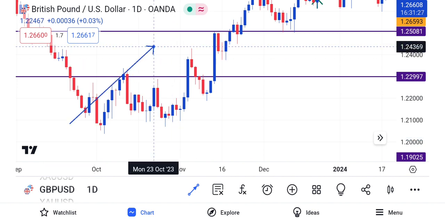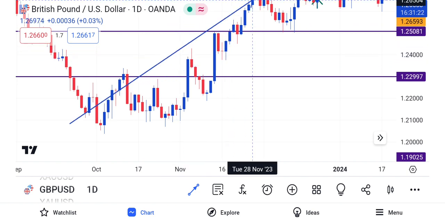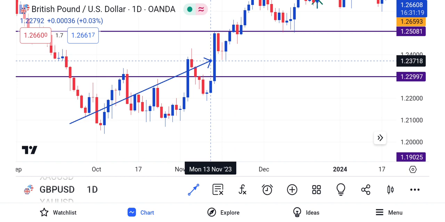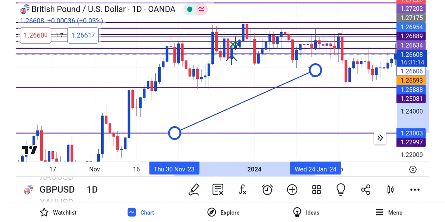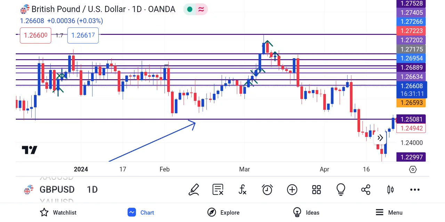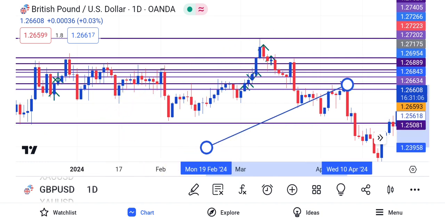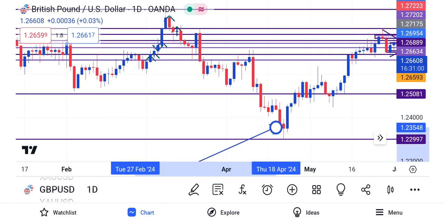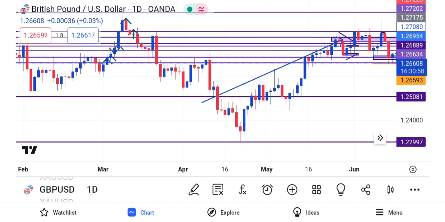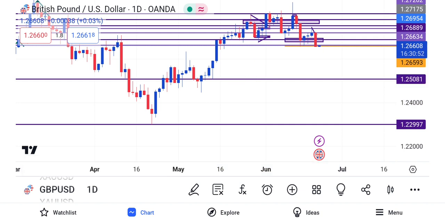We got those lower highs, lower lows, lower highs, now those lower lows, same thing, lower highs, and now that lower low. I just hope y'all see what I'm talking about. So the daily shows us that we're currently bullish.